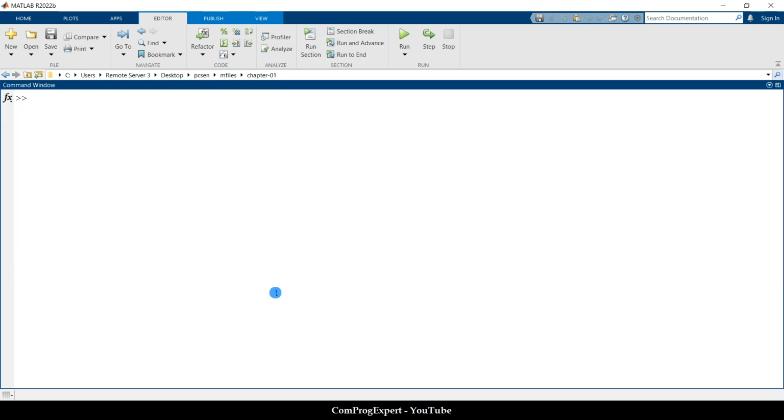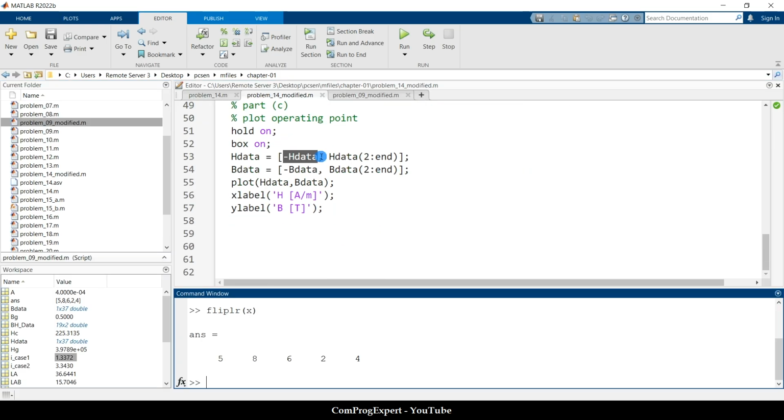Suppose we have this vector in MATLAB: 4, 2, 6, 8, 5. If I write flip left right of x, as you can see, we can flip the data. This is 5, 8, 6, 2, and 4. We just flipped the vector from left to right.